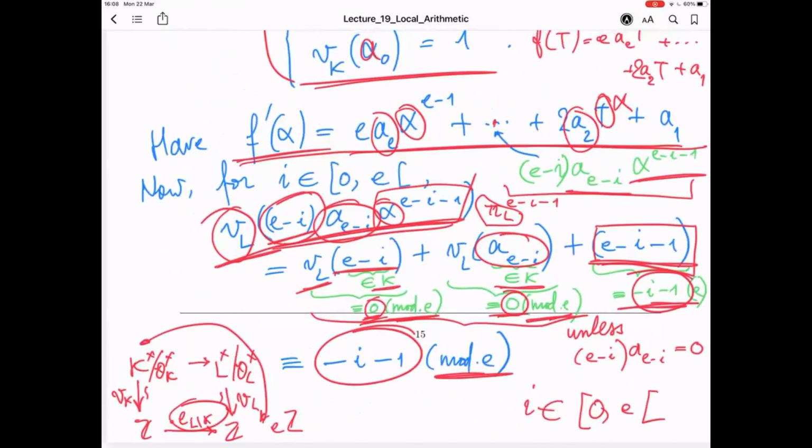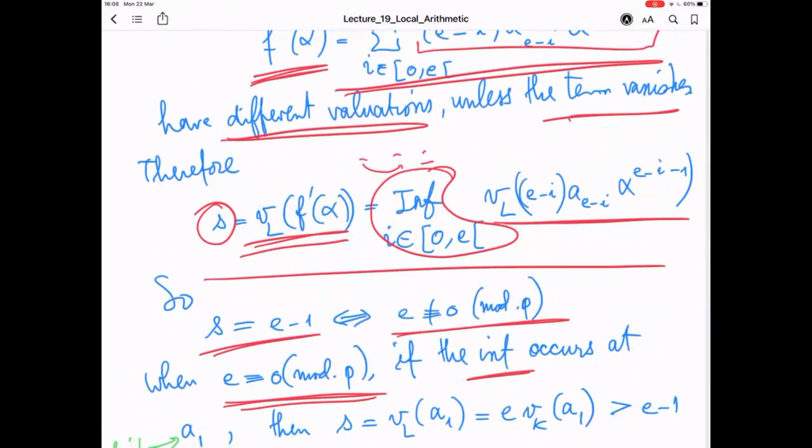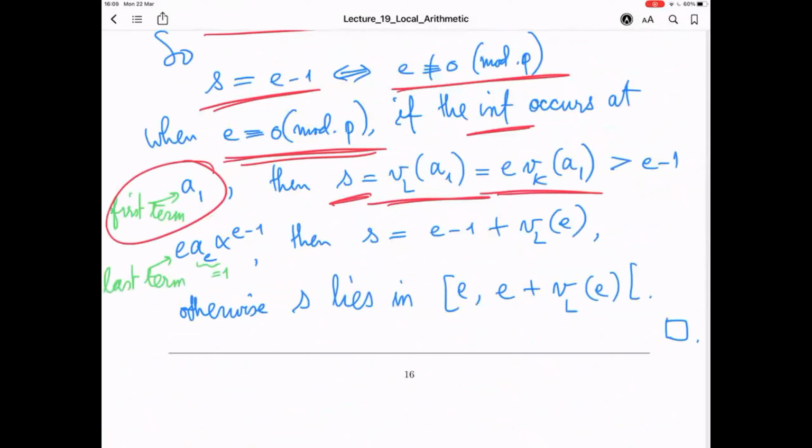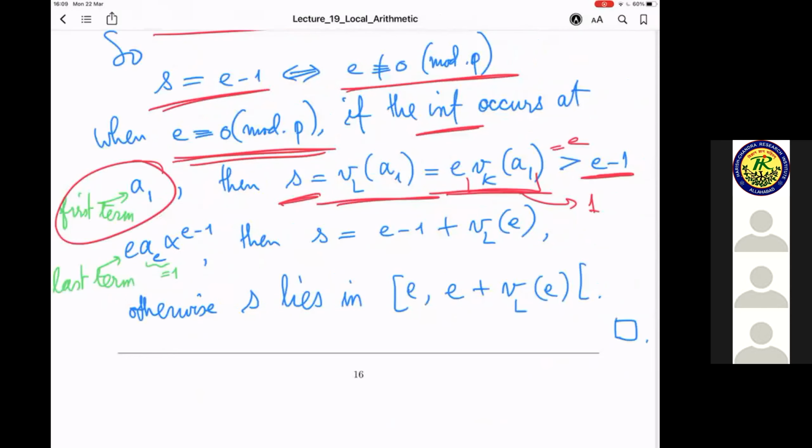So if the infimum occurs at the first term a1, then s is going to be equal to VL of a1, which is e times Vk of a1, but Vk of a1 is equal to 1, right? So this whole thing is actually equal to e, and in any case, what we want to say is that it's strictly greater than e minus 1. Or I should have written equal to e. Yeah, it's equal to e.